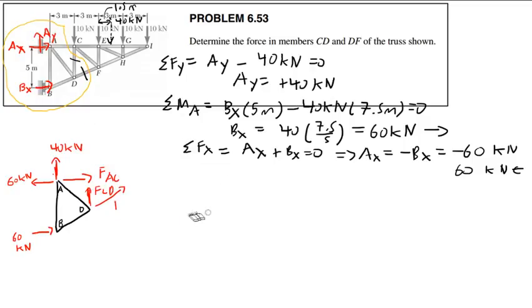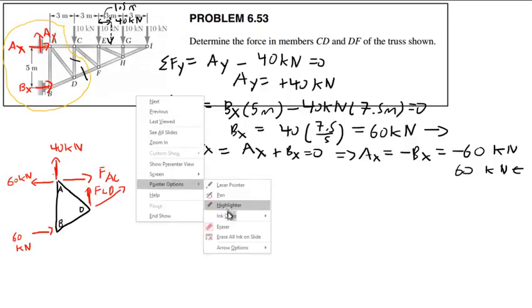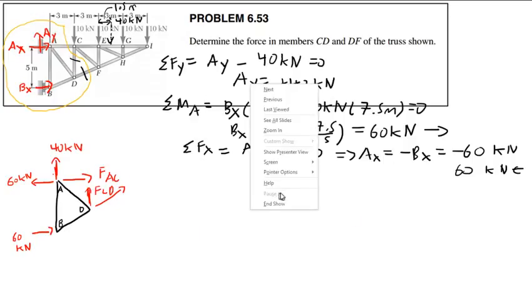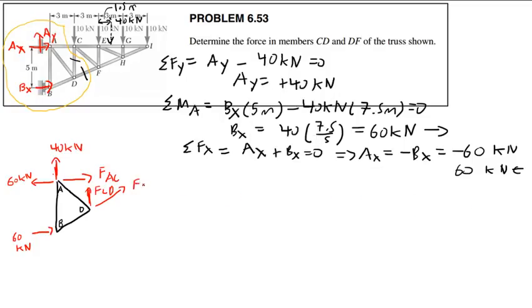I want the force triangle on that thing. FBF. With a force triangle of, let's see, what's that going to be? Oh, thank you, DF.